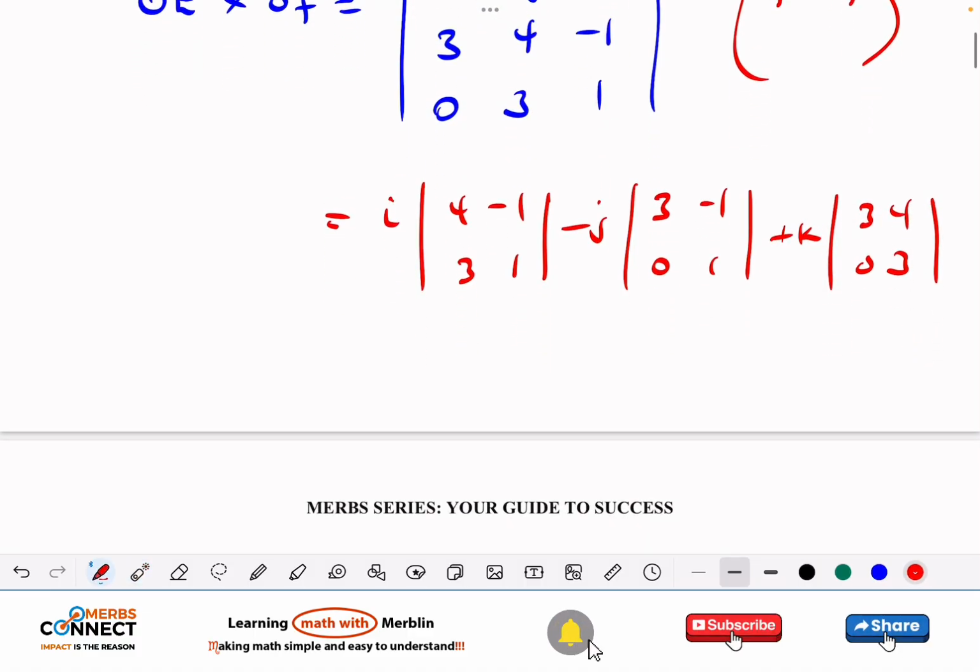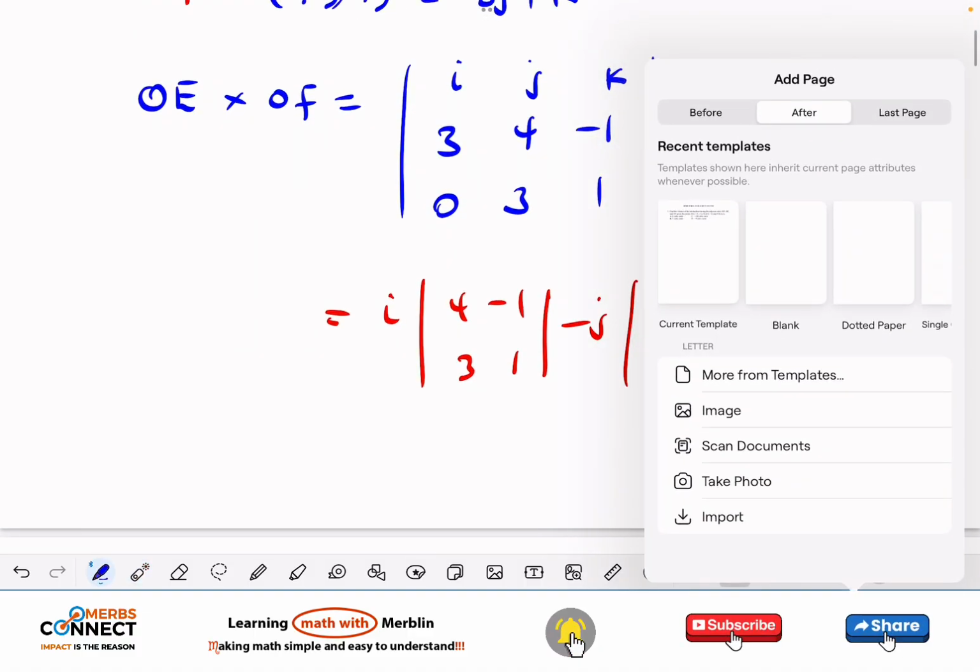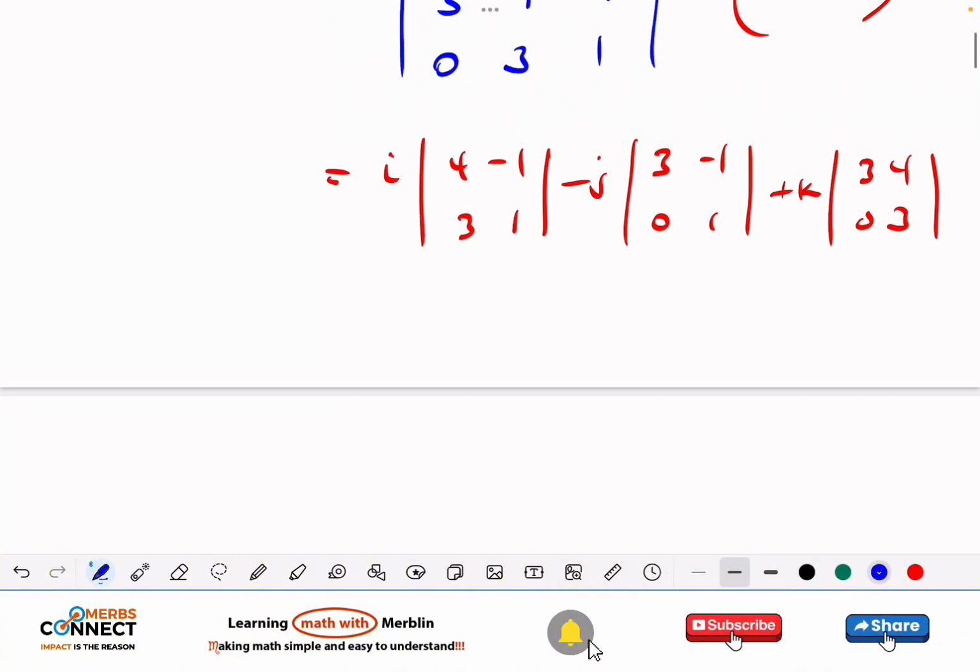So let's try and expand this. This is going to give us I times 4 plus 3, which is 7I. Then minus J, this is going to be 3 minus 0, so minus 3J. And then plus K, 9 minus 0.